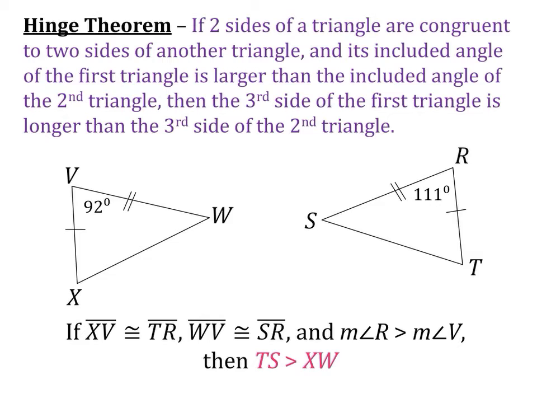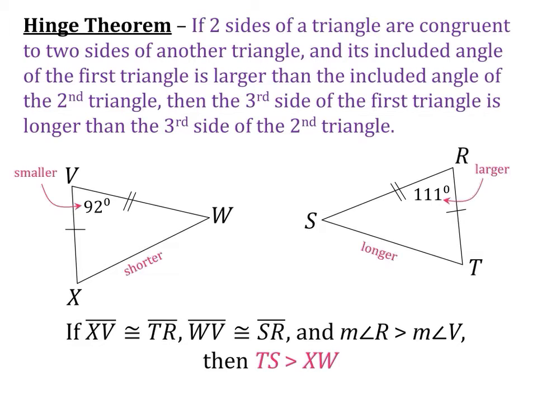So if we're looking at our two images here, triangle VWX compared to triangle RTS, if side XV is congruent to side TR, and we can see that by the congruent marks, and WV is congruent to SR, and we can see that by the double marks, and measure of angle R is greater than the measure of angle V, then length of TS is greater than the length of XW.